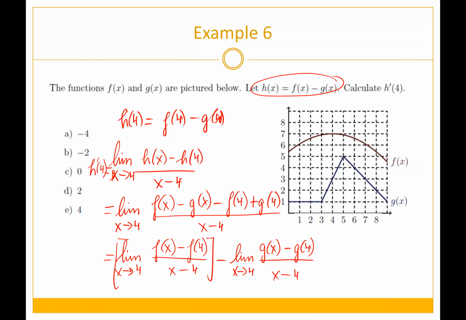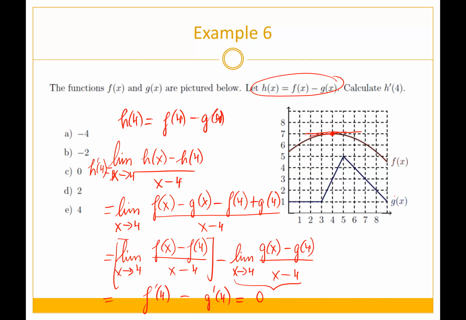This one is f prime of 4 minus g prime of 4. Now f prime of 4 is going to be 0, because the tangent line at the point x equals 4 is horizontal.